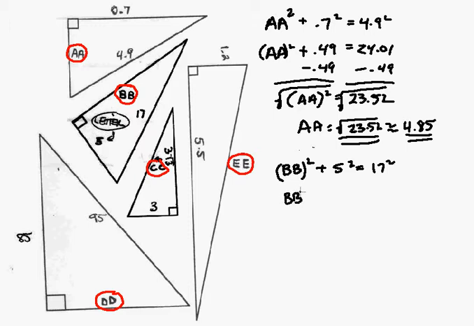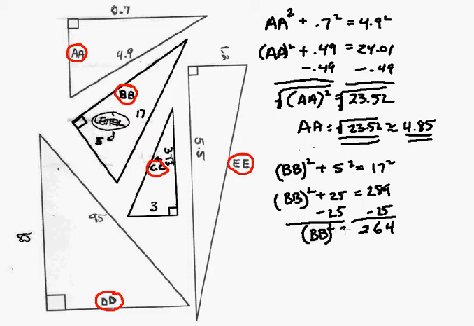So this side squared plus 25 equals 17 squared, which is 289. If I subtract 25 from both sides of the equation, 289 minus 25 is 264. So 264 is equal to the length of side BB squared.